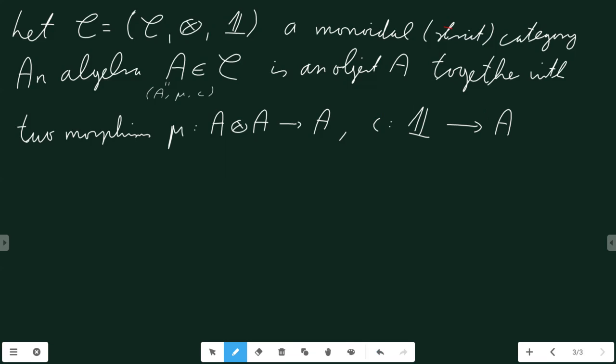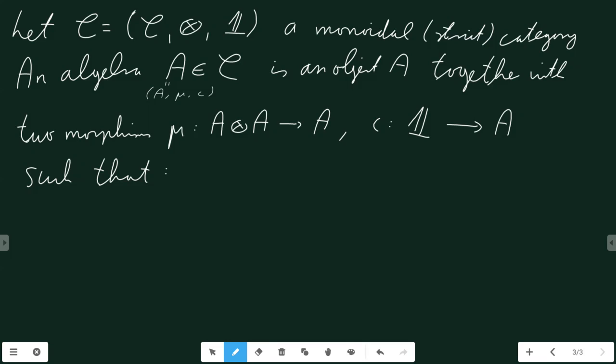Such that something holds, okay? And I will write it down, and then I will write pictures, such that the following holds. I will give you an example in a second, but basically what I'm trying to do right now is I'm trying to generalize the notion of an algebra. So certainly I want something like unitality of a unital algebra, so something like unitality and associativity.